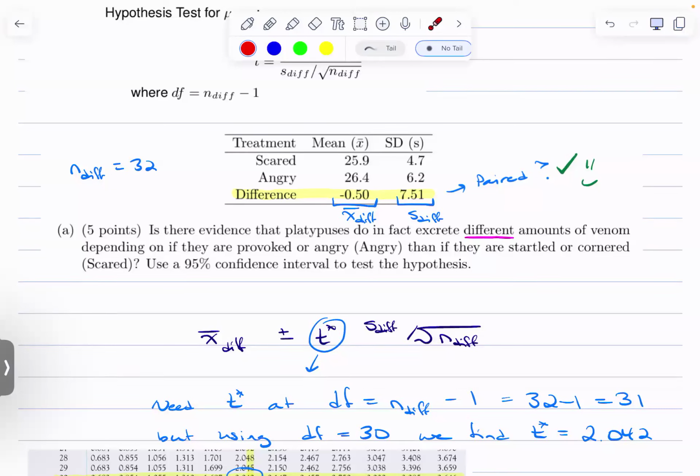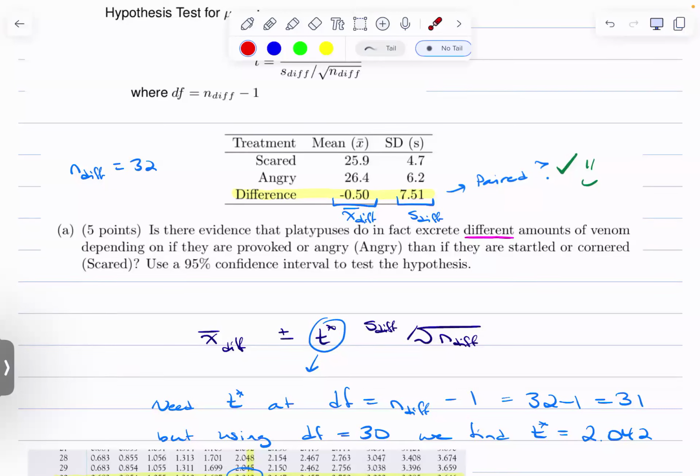And so we want to test the null hypothesis that mu diff is equal to 0 versus the alternative hypothesis, which has to be about mu diff and how it relates to 0. And then from the question, we want to know if it's not equal to or less than or greater than.